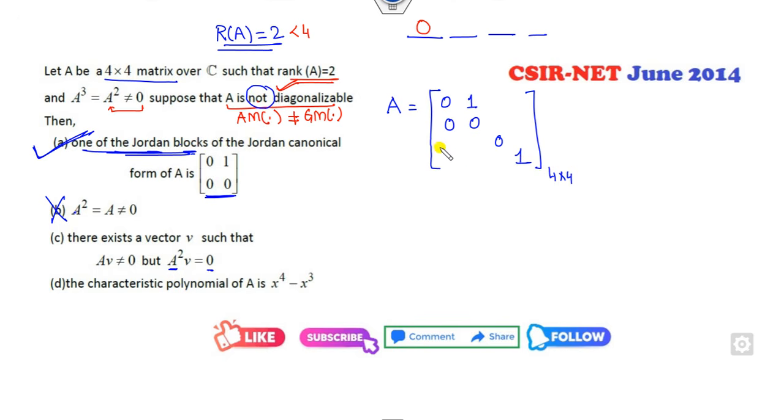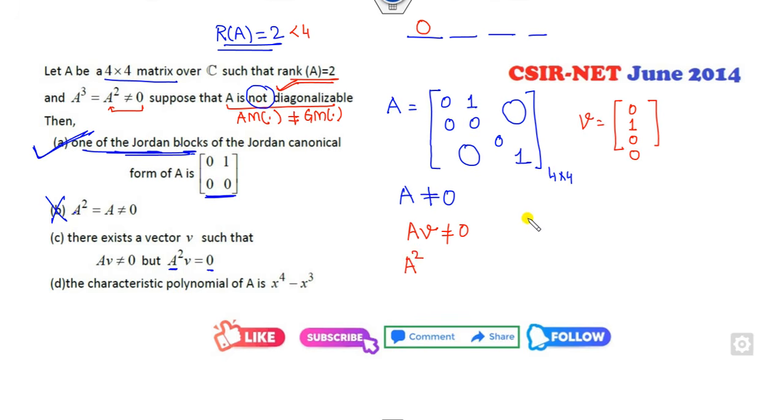The rest of the elements I can consider as 0. So clearly A is non-zero. And I can choose any vector V. I can choose the second position as a 1. So clearly AV is non-zero. If you multiply them, the second element will be 1.